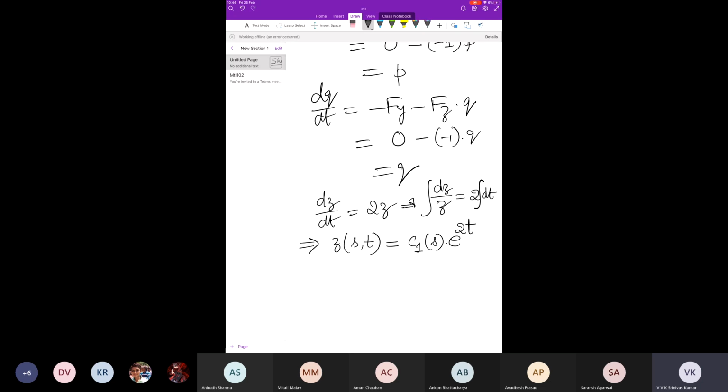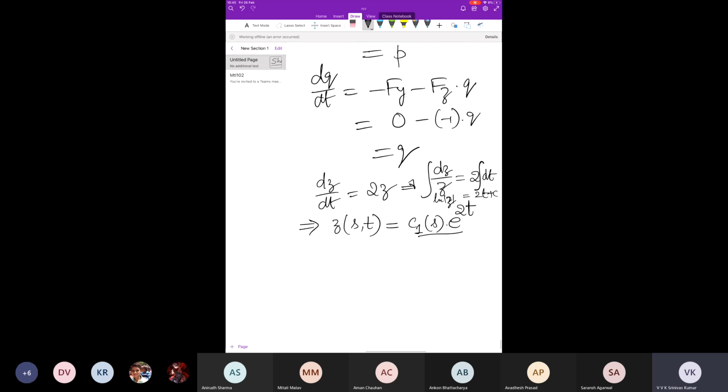Integrating both sides, we get ln mod z is equal to 2t plus constant. Now take z is equal to exponential of this, and that constant is here.